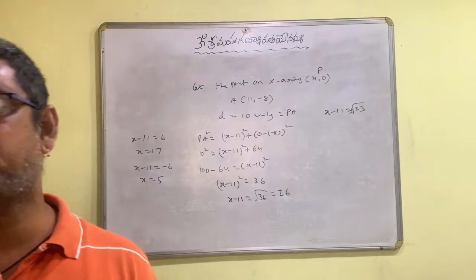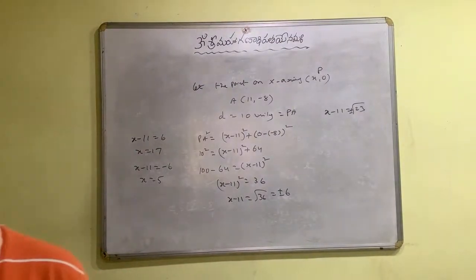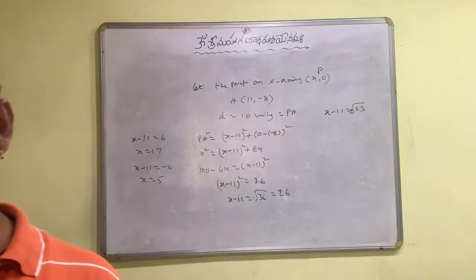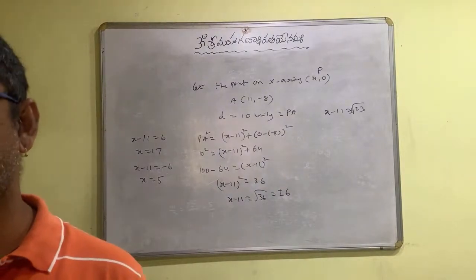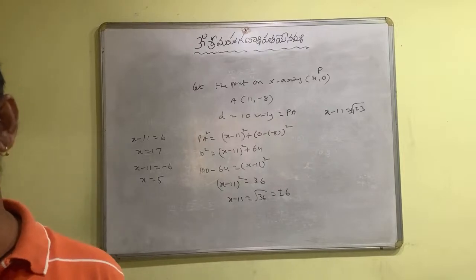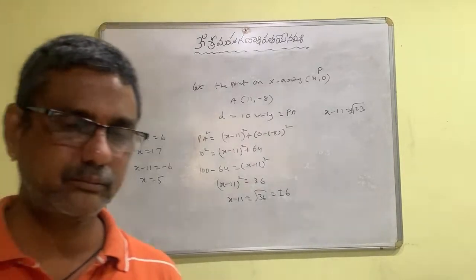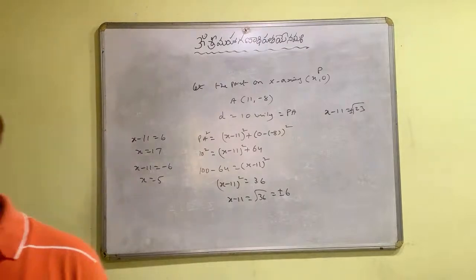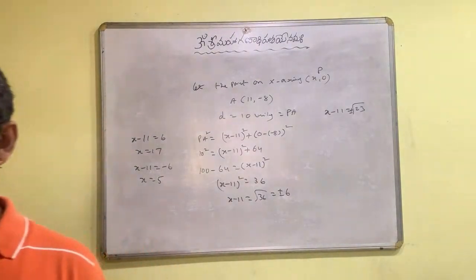So you can keep plus or minus root over 23. But 36 is a perfect square, so x is equal to plus or minus 6 only. You have to write root over 36, which is plus or minus 6. Vikramaditya, is that understood?